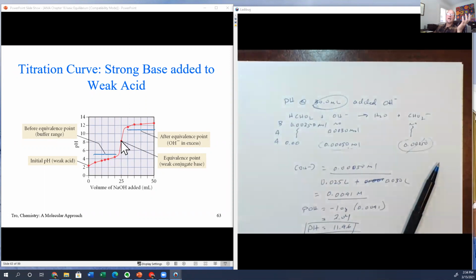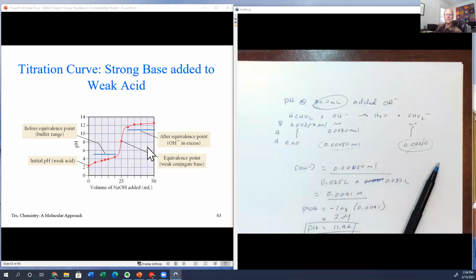Here, we had to solve a weak conjugate base equilibrium problem, with the ion acting as a base, right? And then over here, we had to just figure out the pH of a strong base. So a lot of different things going on to calculate the different points in this curve.